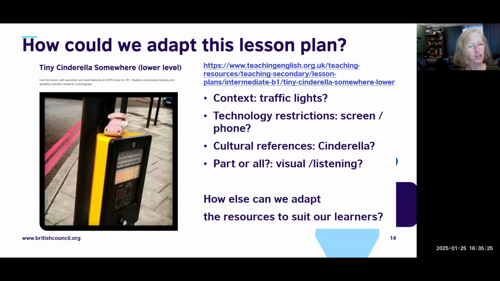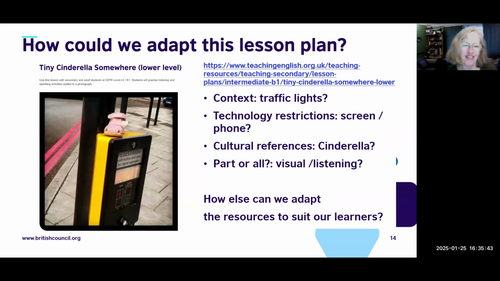Or maybe you can just go around showing the students this photo on your phone. Or maybe you can draw a simple picture of it on the blackboard, or have a picture. Loads of different ways you can adapt just having that photo.